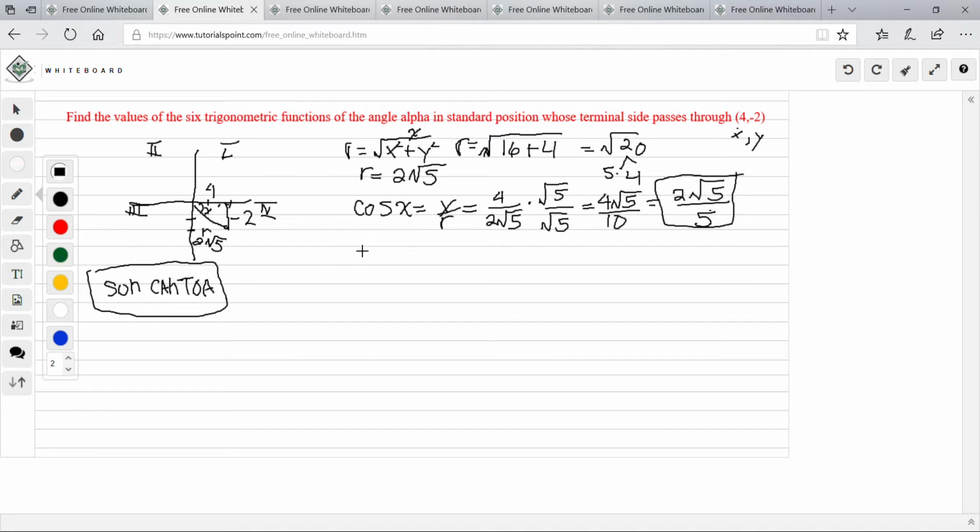Let's find sine of alpha. Sine of alpha is y over radius, or opposite over hypotenuse. We know our y is -2 and our radius is 2 root 5.